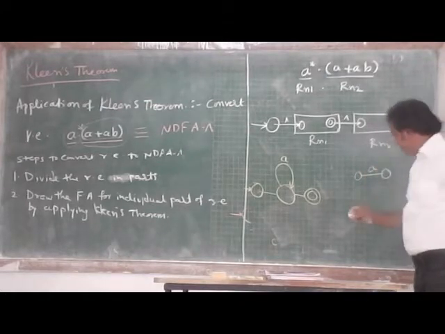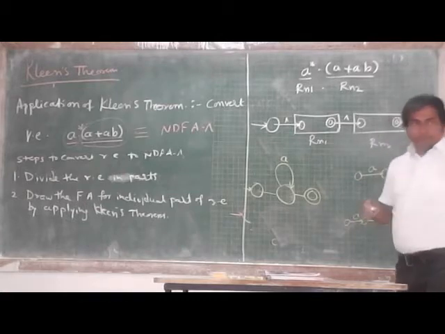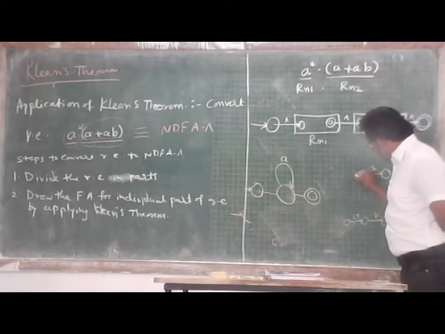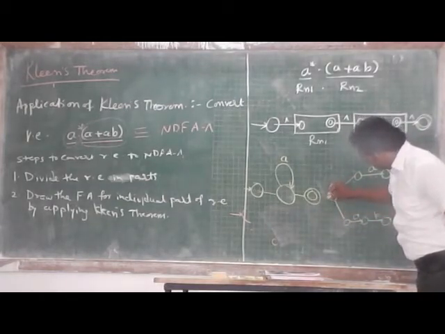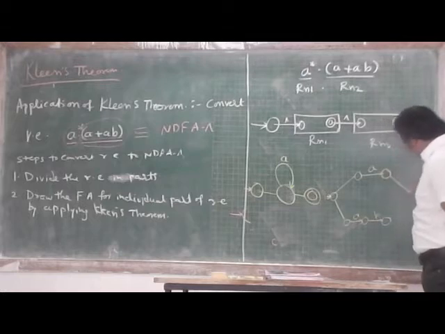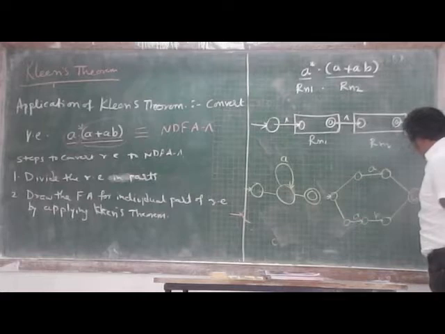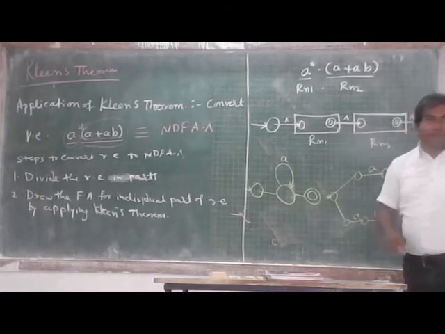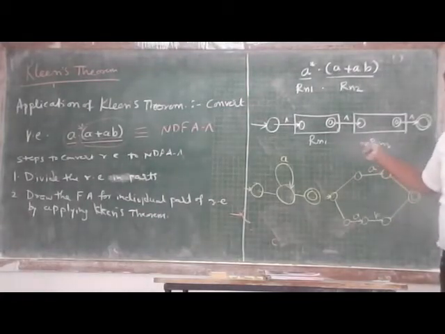A, B. So we had connected this with the start state. We connected these two with the final state. These were the two finite automata. We made them earlier. Do you remember?